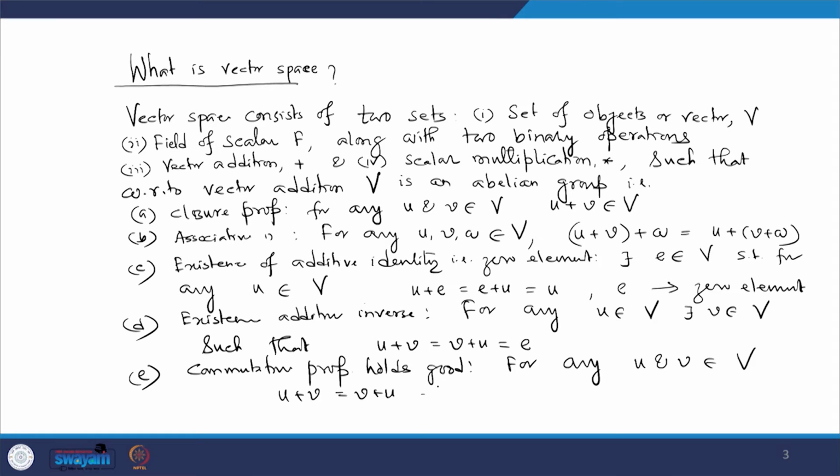So with these 5 axioms, V has to be an abelian group with respect to vector addition.